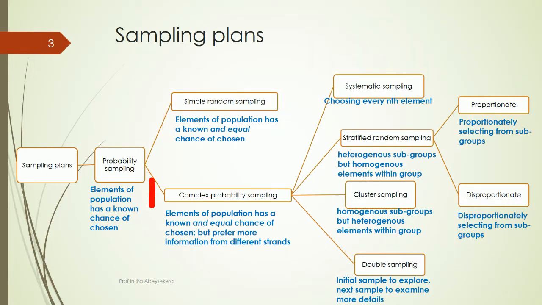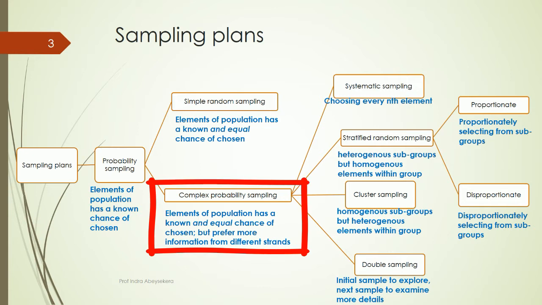Under the complex probability sampling, elements of the population have a known and equal chance of being chosen, but we classify the target population into different strands, and then from those strands there's a known and equal chance of being chosen.